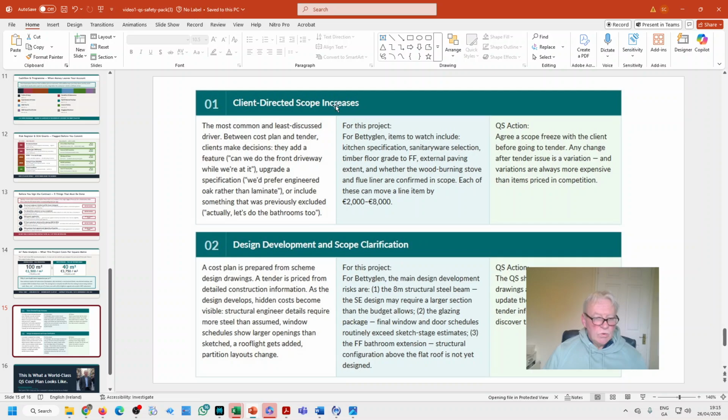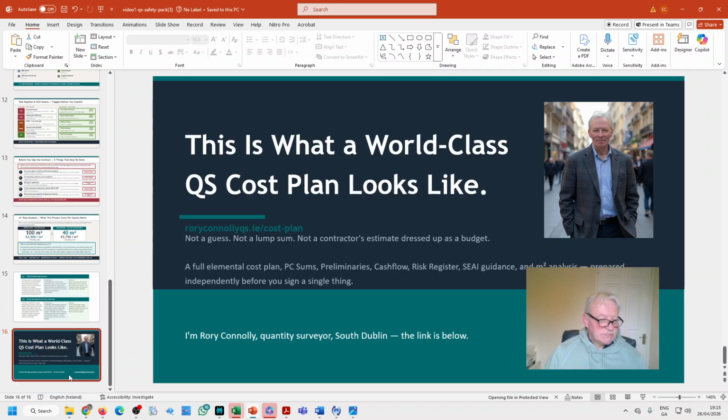And then I address specific designs for the projects individually, and that's what a holistic cost plan actually looks like with me. It's a care package, and it's an action package as well.